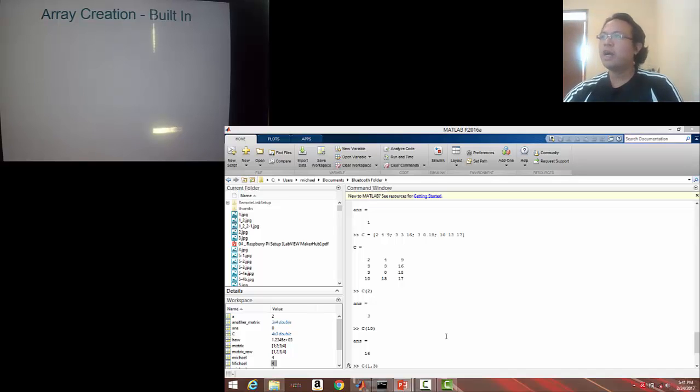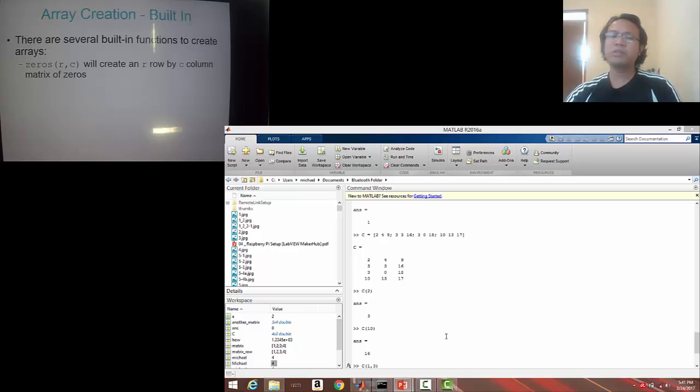Okay. Array creation, built in. So there are several built-in functions to create arrays. zeros(r, c) will create an r row by c column matrix of zeros.